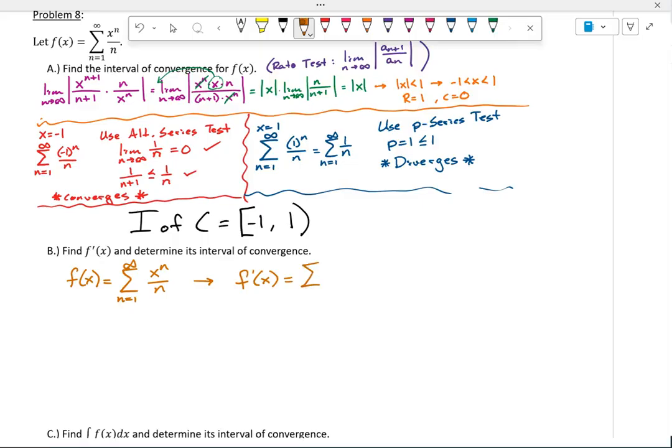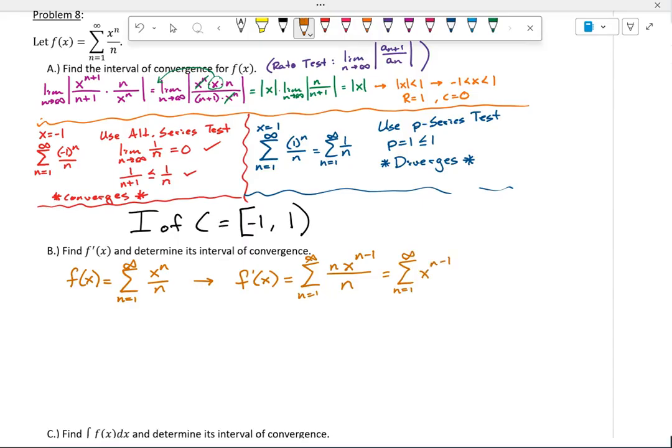So I have the sum as n equals 1 to infinity. What do we have on the top of our fraction? The n minus 1 over. All right, does anything cancel? The n's. All right, so then we're left with the sum n equals 1 to infinity of x to the n minus 1.